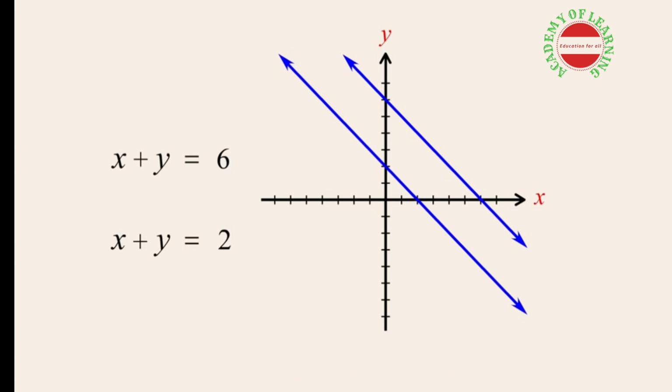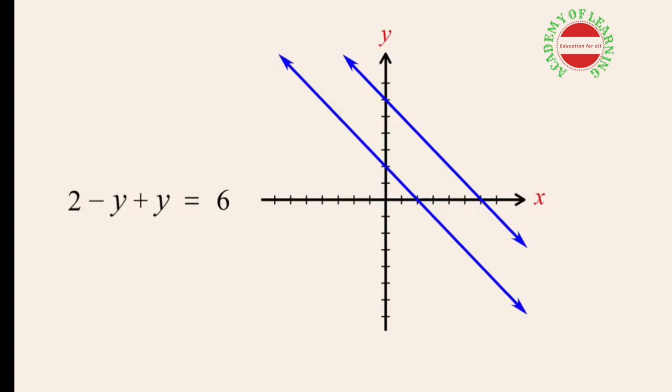Attempting to solve this system by the substitution method will also produce a contradiction. Solving the bottom equation for x, we get x = 2 - y, which can then be substituted for x in the top equation, producing an equation with only the variable y.